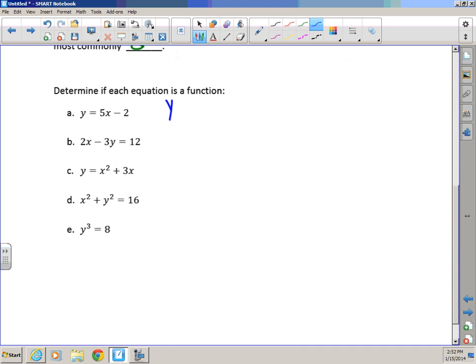This is yes. It's a diagonal line. How do I know it's a diagonal line? The x and the y are raised to a power of 1, or there is no exponent, so it's a power of 1. This is the same thing. Yes, diagonal line. This is yes. This is going to give us a parabola like in the first page.